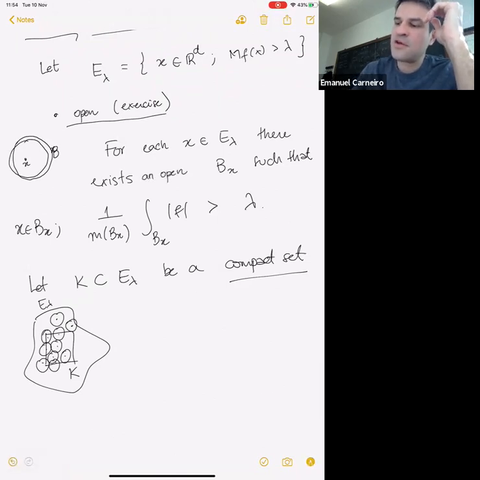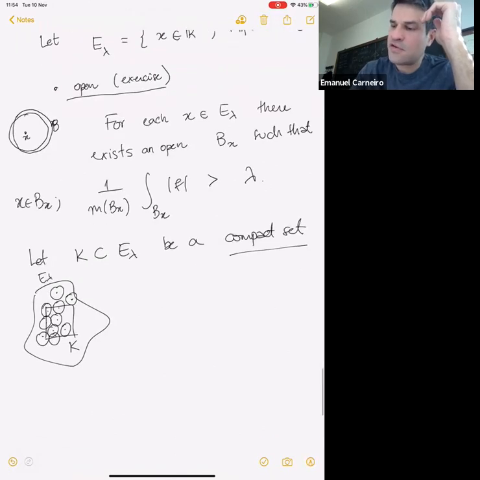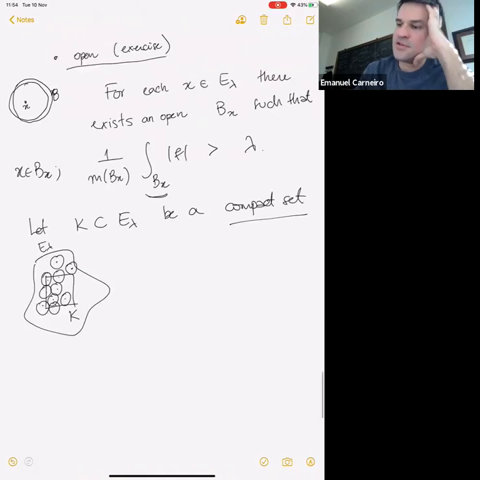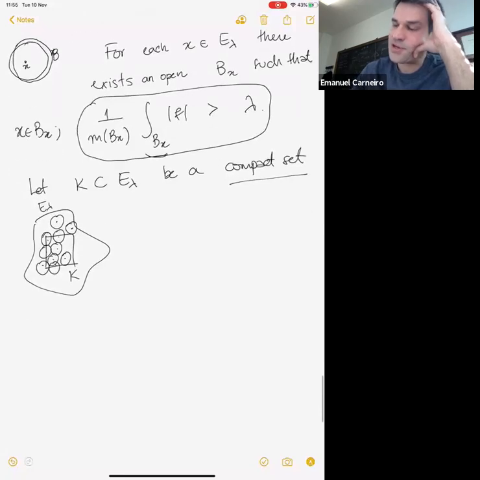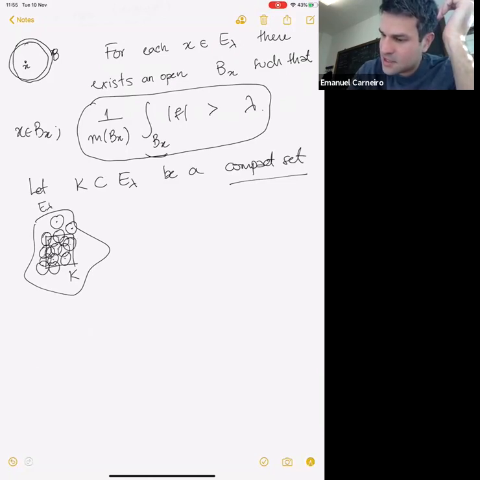If you integrate a function over a closed ball or an open ball, it doesn't make a difference. This is an open ball such that the average over this ball is going to be bigger than lambda. Okay, so now you take a compact set inside your E lambda. So every point is covered by a ball. And from now on, it's just a sequence of natural steps.